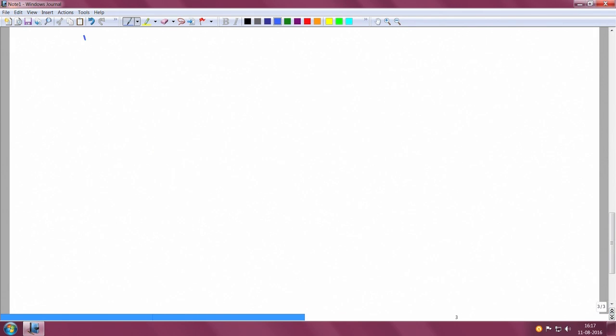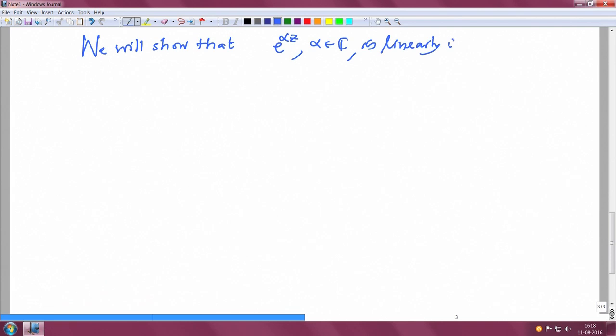So, we will show the family e power alpha z, alpha varies in C, is linearly independent over C.